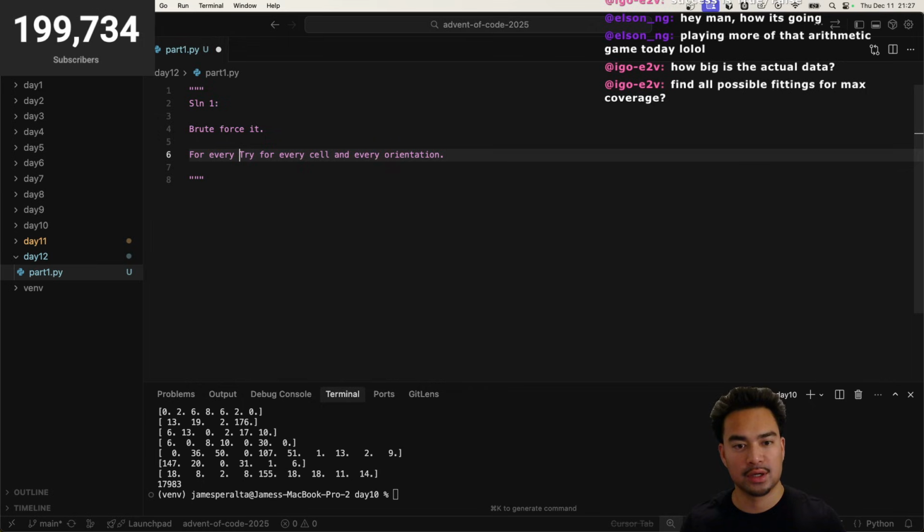For every shape, try every cell and every orientation.